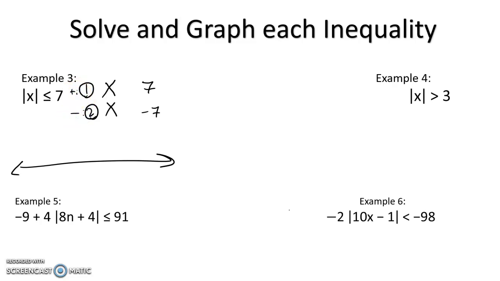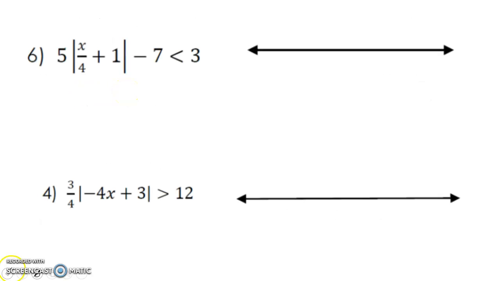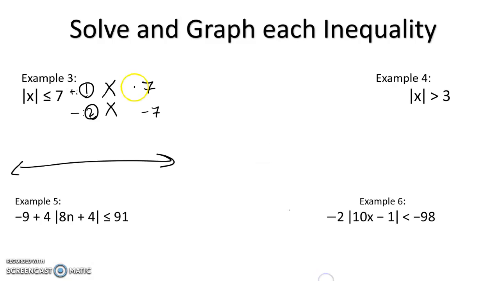For the positive inequality, the symbol stays exactly the same. When you get to the negative inequality, that's when you flip the inequality symbol: one facing this way, one facing the other way. From there, we're going to graph this one.